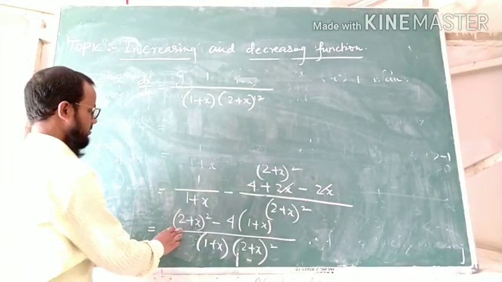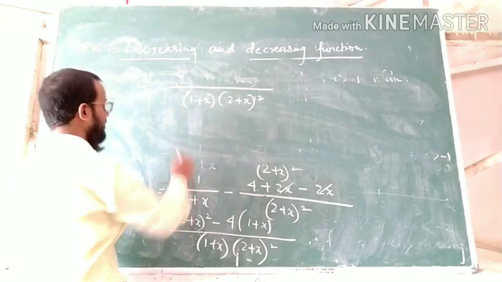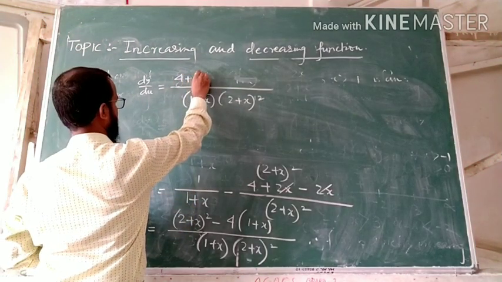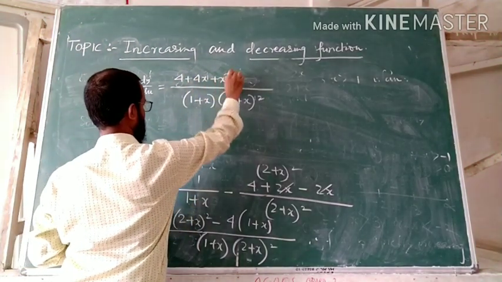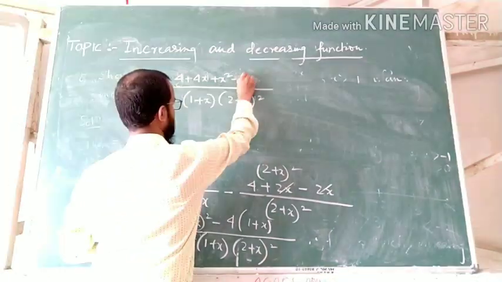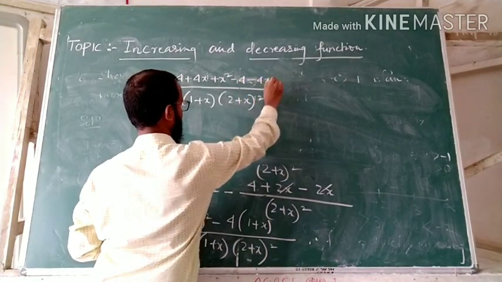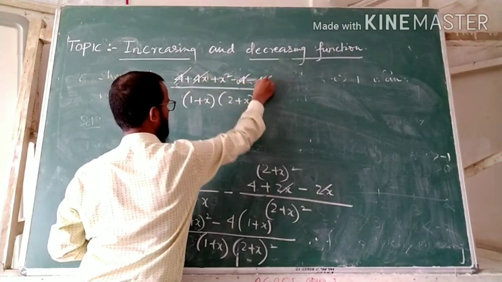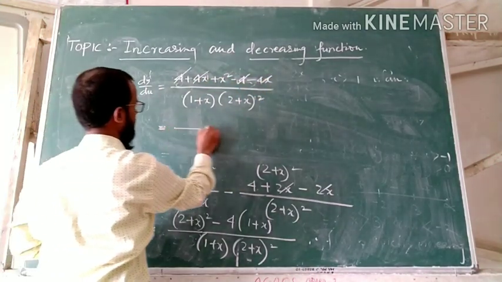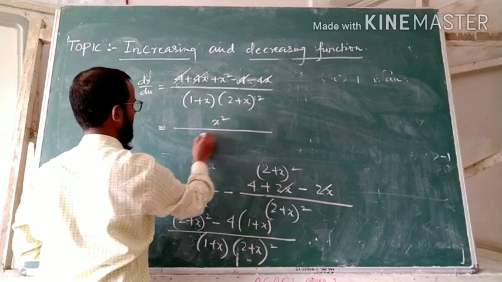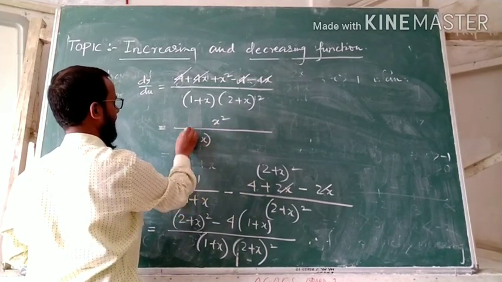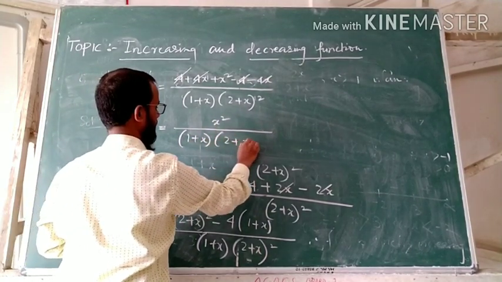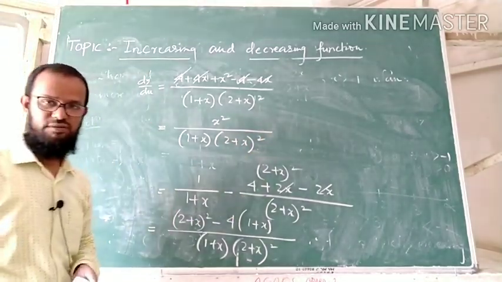And the numerator: expand the expression with the formula, 4 plus 4x plus x square minus 4 minus 4x. This cancels with this, this cancels with this, and finally we are getting x square by (1 plus x) into (2 plus x) whole square, okay.